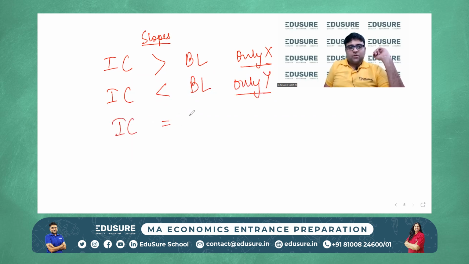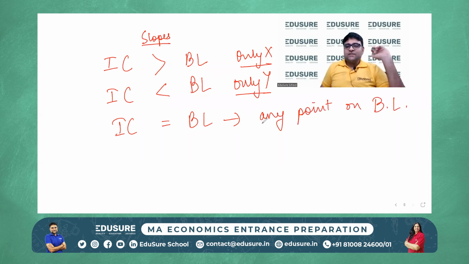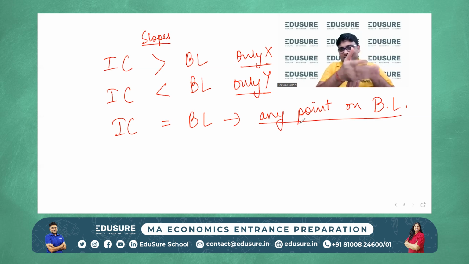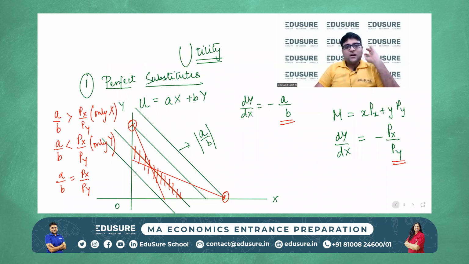Slope of IC equal to budget line, any point on the budget line is optimal, because each and every point on the budget line is giving me the same utility, because each and every point on the budget line is the same indifference curve as well, right? So this is how we solve the case of perfect substitutes. This is the first utility function type, perfect substitutes.